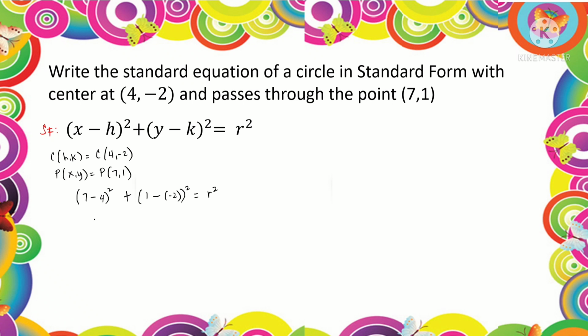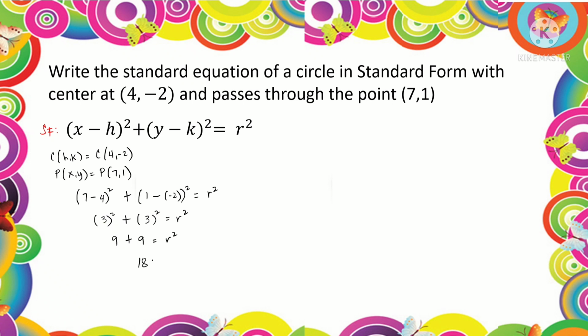7 minus 4 is equal to 3 to the power of 2, plus, this one will be negative and negative positive, 1 plus 2 is 3 to the power of 2 equals radius squared. 3 squared plus 3 squared means 9 plus 9 equals radius squared.